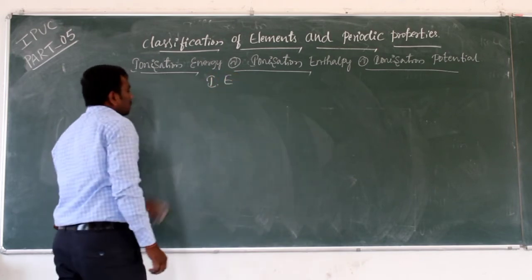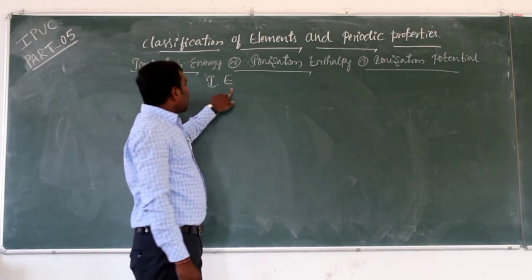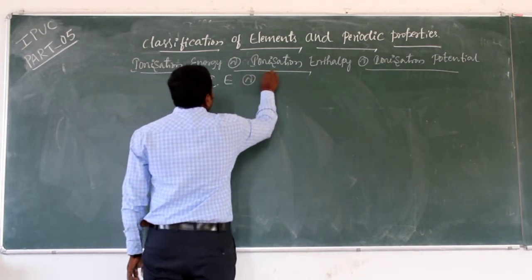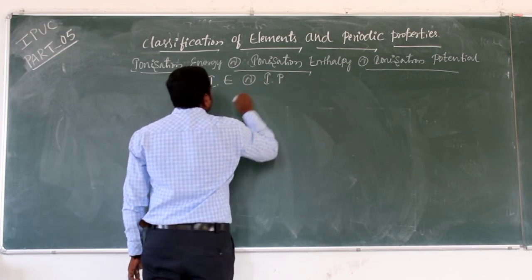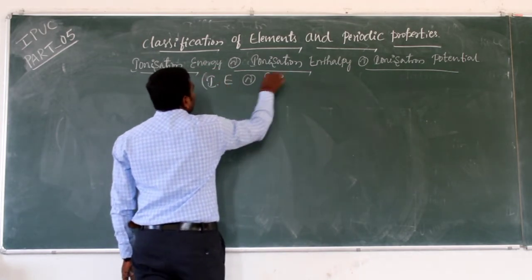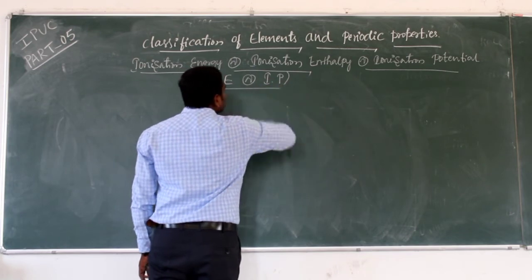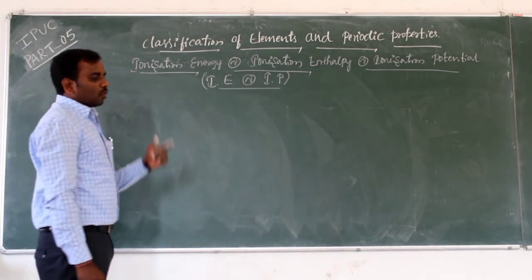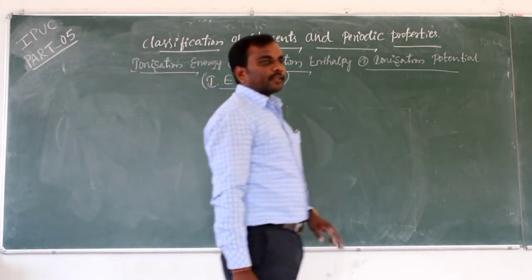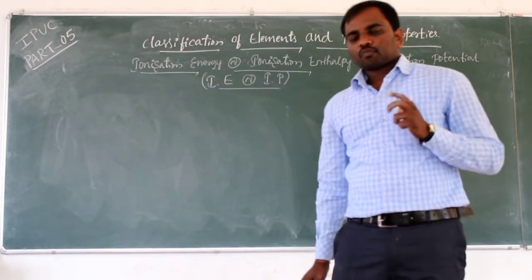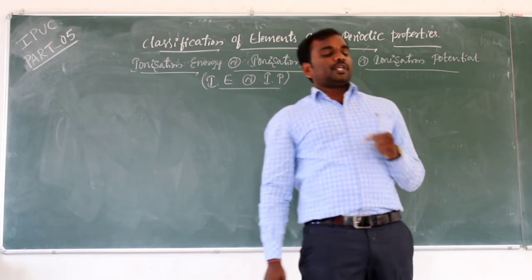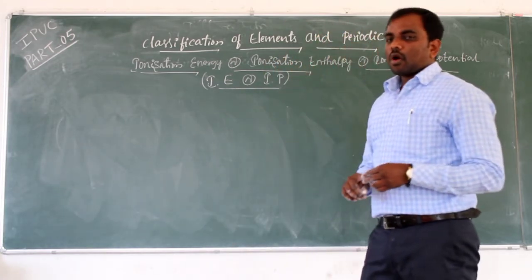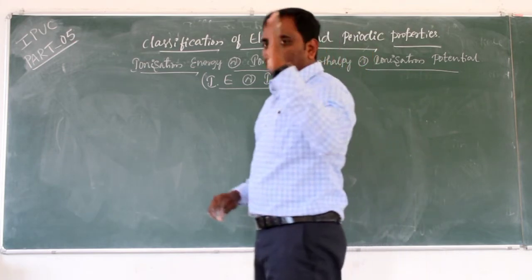IE means ionization enthalpy, or IP. IP means ionization potential, right? It is a very important property, right? So what is ionization energy, or ionization potential, or ionization enthalpy?